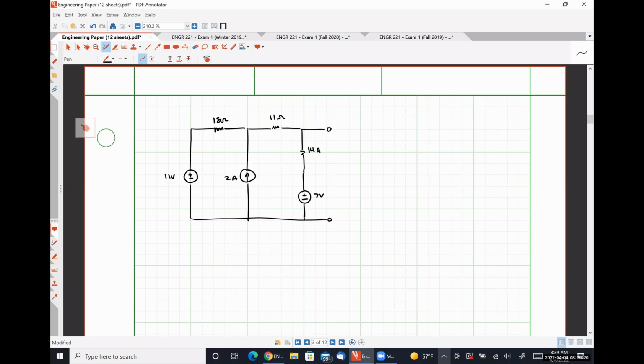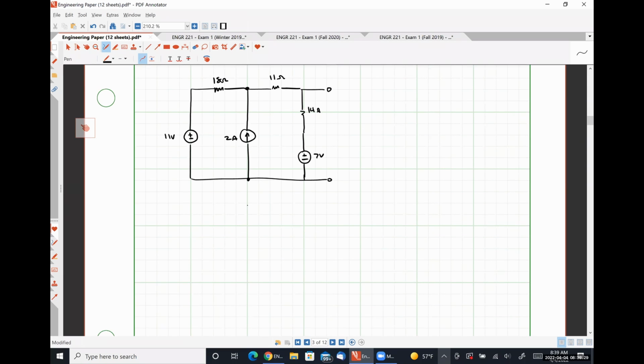As I mentioned a moment ago, the first thing that I would do would be to take the practical voltage source on the left-hand side and convert it into a practical current source. So here's my 2 amp source. My 11 ohm resistor, my 14 ohm resistor, 7 volt source.